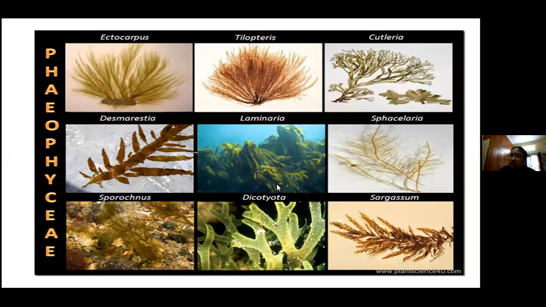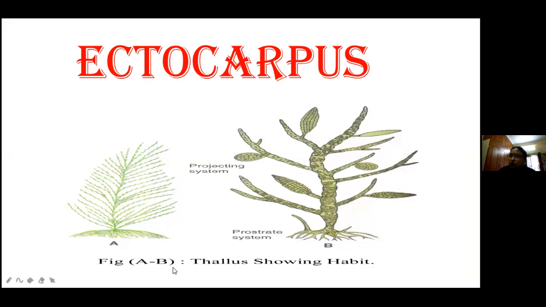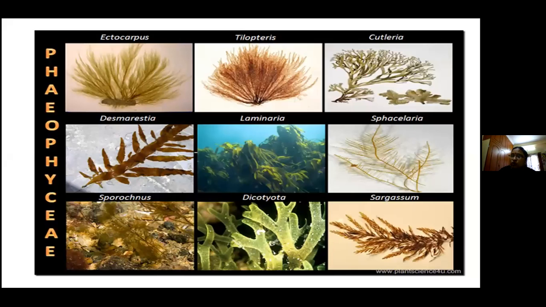And the largest species, macroscopic: Macrocystis and Nereocystis are both the largest species among Phaeophyceae members. You can observe them in the Pacific Ocean, near North America.